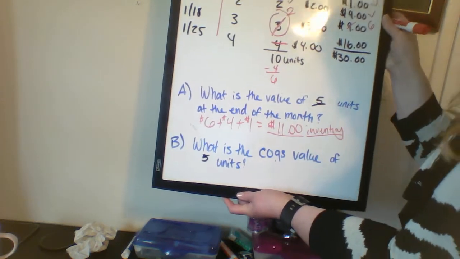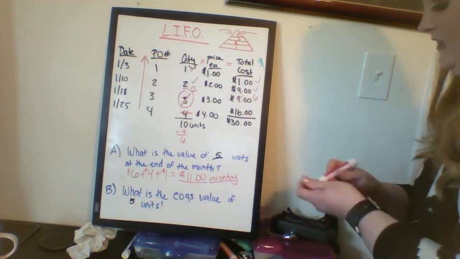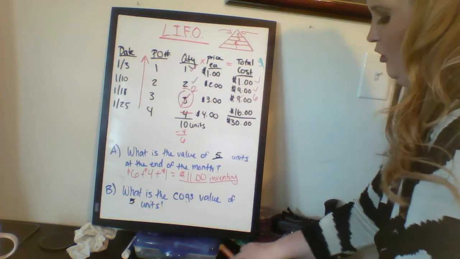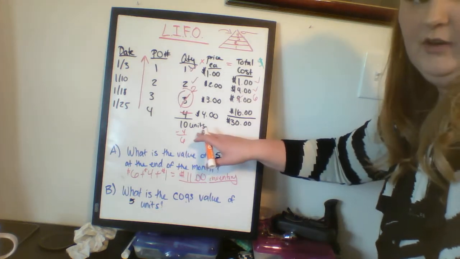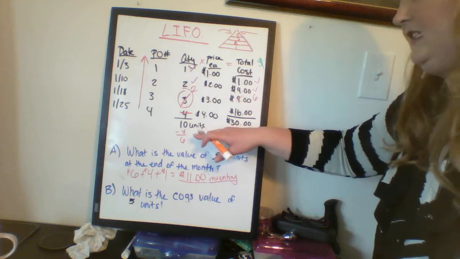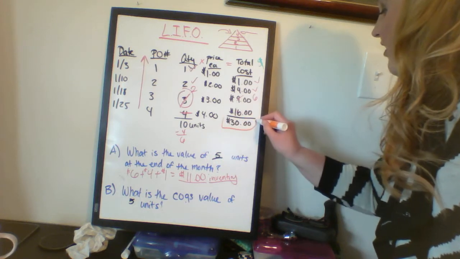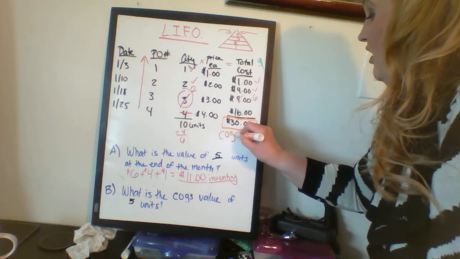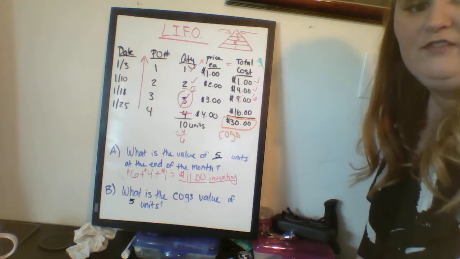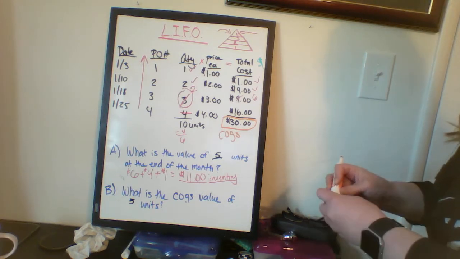Next, what is the cost of goods sold? What we were talking about last time was the original cost of goods sold, and I'll still do it in orange so you can see it. So in theory, if we were to purchase 10 units of this item, and we were to sell through the entire 10 units, the cost of goods sold would have been $30. Remember, this is original COGS. Now we have to figure out the value of the cost of goods sold for the 5 units.